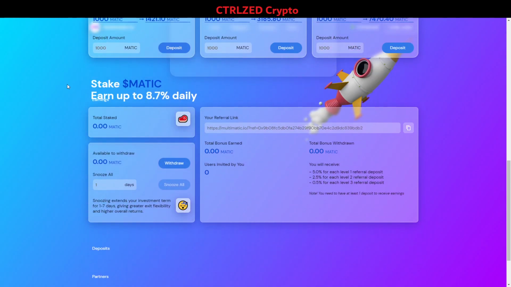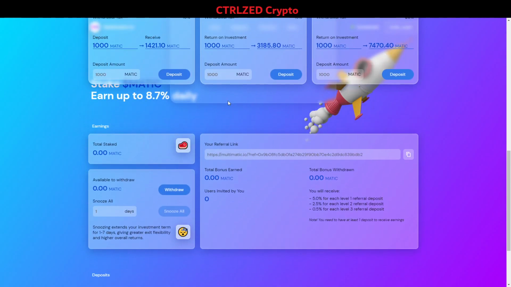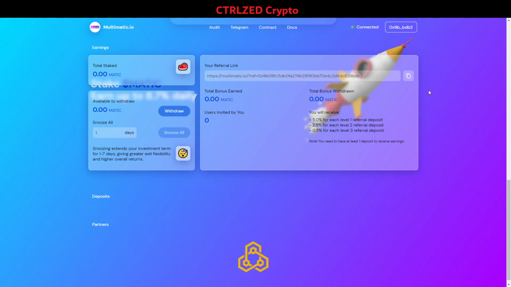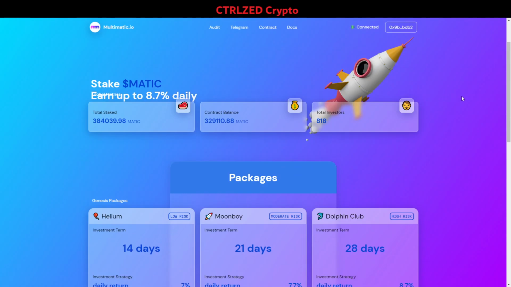And you can see one of the other hallmarks of these ROI/Ponzi schemes is the referral link, because they want people to keep coming in. They want people to keep putting money into them to keep them going as long as possible, basically.